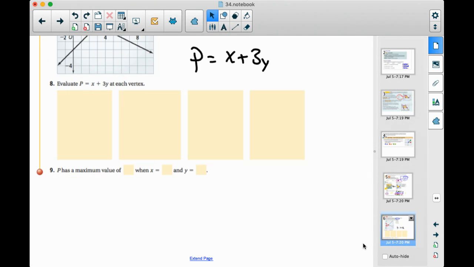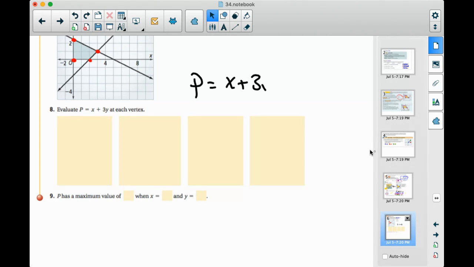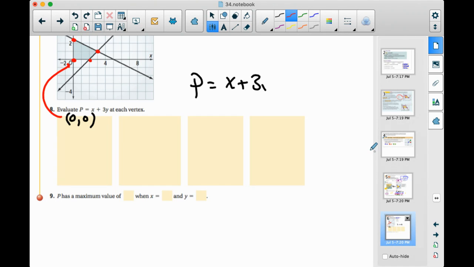Let's look at our ordered pairs for our boundaries. The first one, the easiest one, is 0, 0. I'm going to plug it into this equation, so I'm going to have P equals 0 plus 3 times 0.